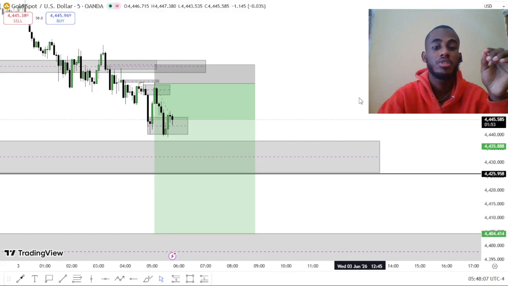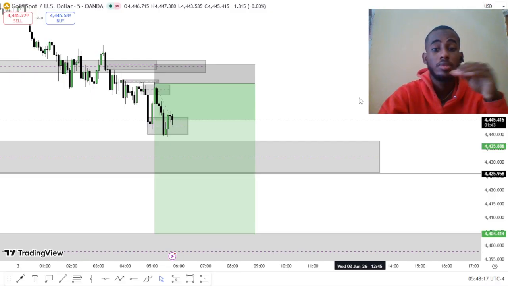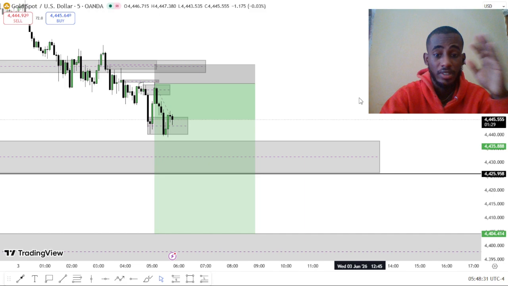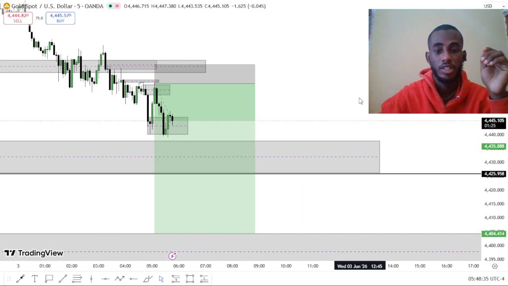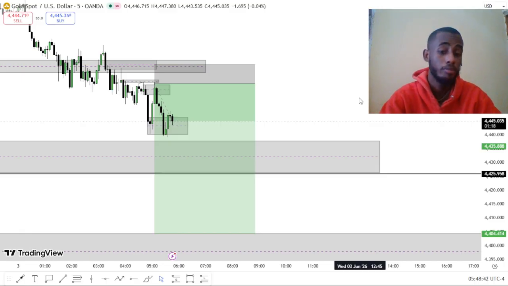They use lot sizes far beyond what their account can handle, so one losing trade wipes out days or even weeks of progress. That leads to a frustrated mind. You can predict direction perfectly, but if your risk management is poor, you can still fail, because professional traders understand something very important.